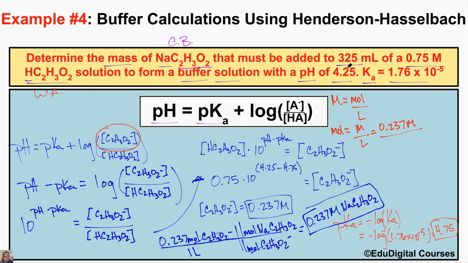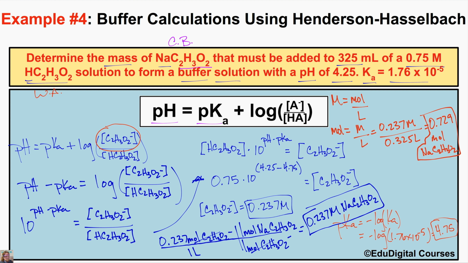Well, if we take a look, we have 325 milliliters, which is 0.325 liters. And when we put this in our calculator, 0.237 divided by 0.325, we're going to end up with 0.729 moles of NaC2H3O2. But you guessed it, this is not our final answer.